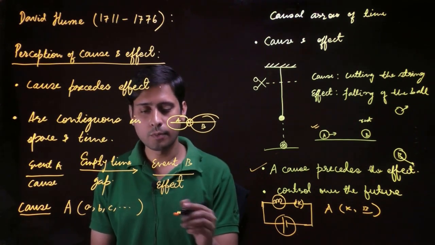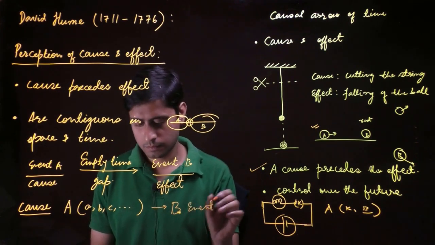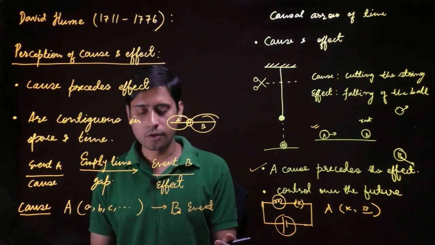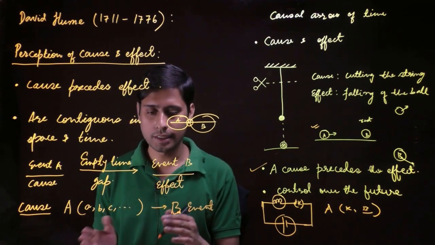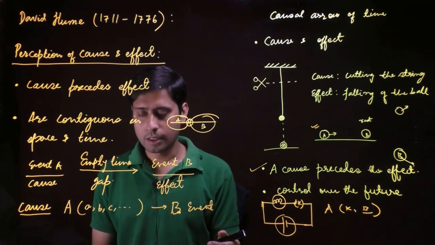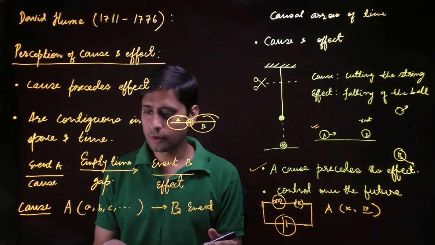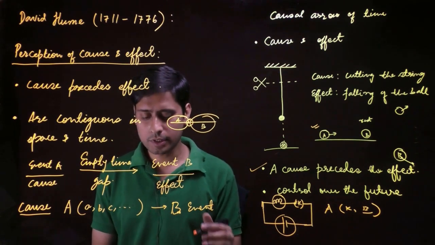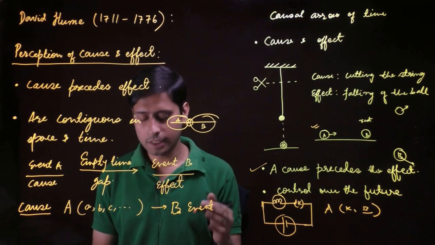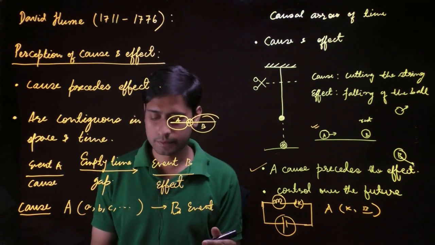Then suddenly followed by the event B, which all inductive logicians insist that cause precedes the effect, and that is why we say that the cause always precedes the effect. After the complete realization of the conditions included in the cause A, there must intervene an empty time before the effect B enters on the scene.